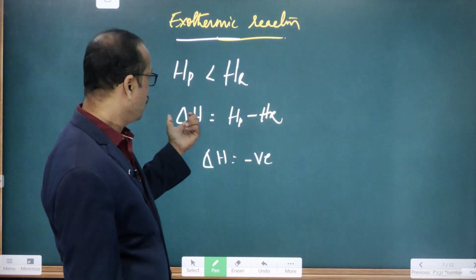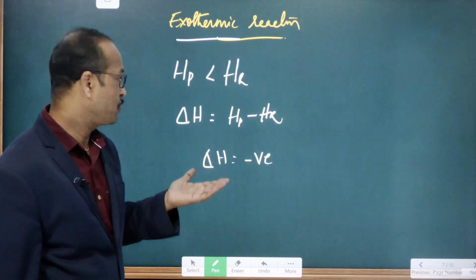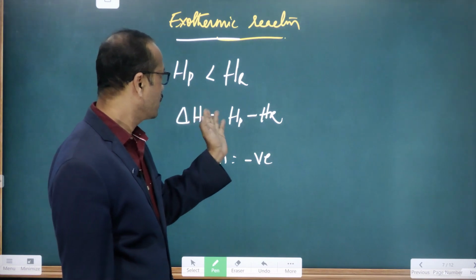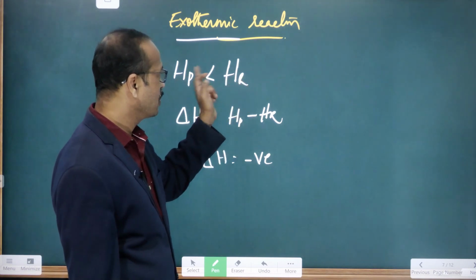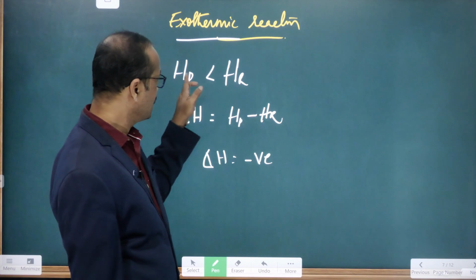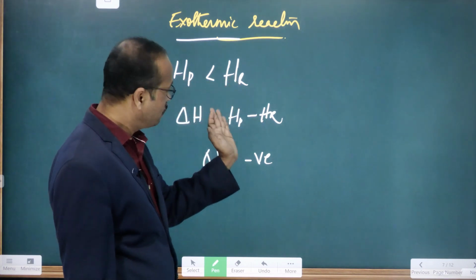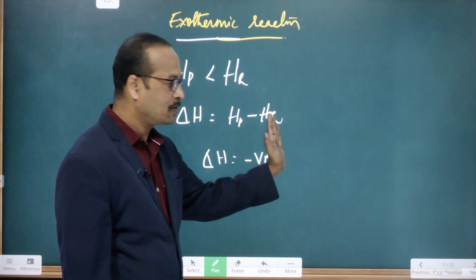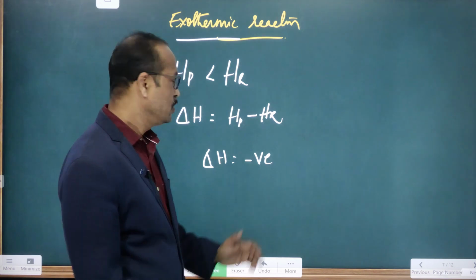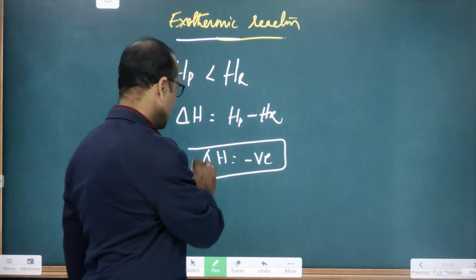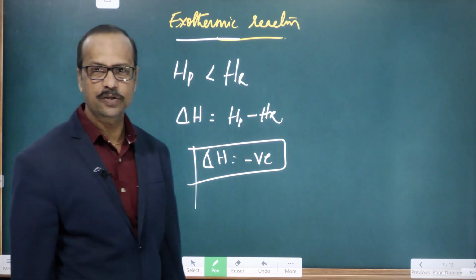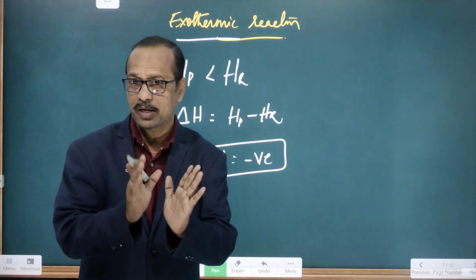The enthalpy change, delta H, we can write as HP minus HR, that is, product minus reactant. The product is less and the reactant is greater. From the less we are subtracting the greater one. So what will we get as the answer? Negative. Therefore delta H is negative for exothermic reactions.